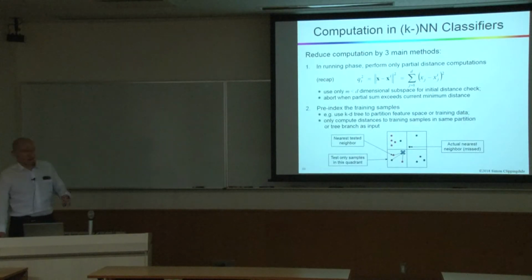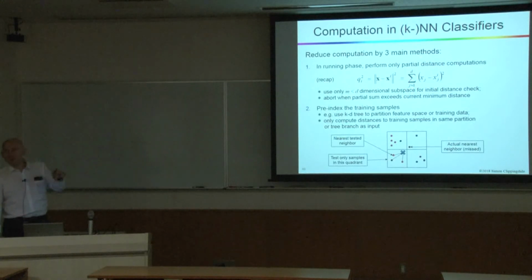So what can you do to reduce the potentially large amount of computation? There are 3 main things you can do. One is only to perform partial computations of the distance from your input vector to every one of your training vectors. So here, back from the other slide, this is the same equation again. You could, for example, instead of using the whole d dimensions in this sum here, use only a subspace of lower dimension for this sum.